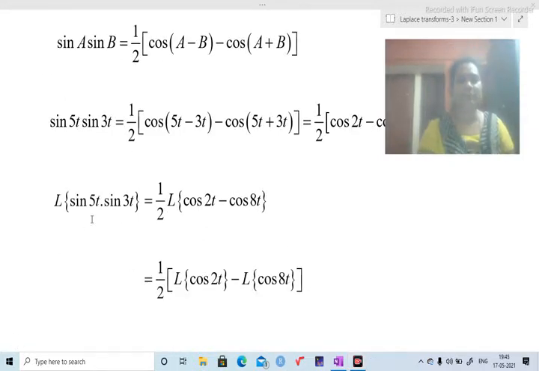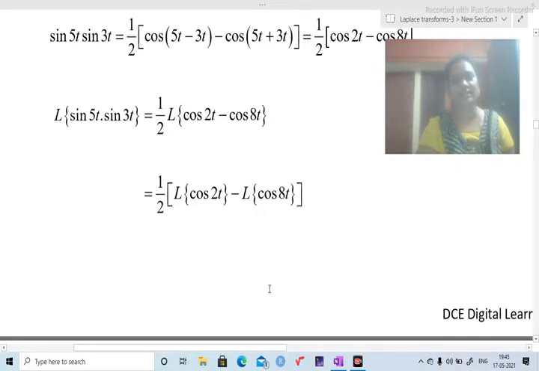Now apply Laplace transform. L of sin 5t into sin 3t equal to 1 by 2 into L of cos 2t minus cos 8t. By using linear property, apply separate Laplace transform for each function. Then we are going to get 1 by 2 into L of cos 2t minus L of cos 8t.